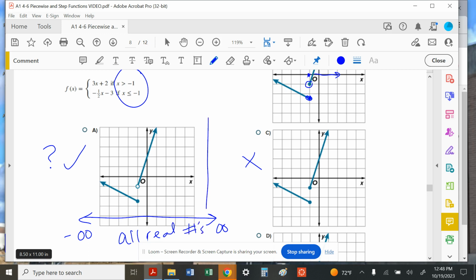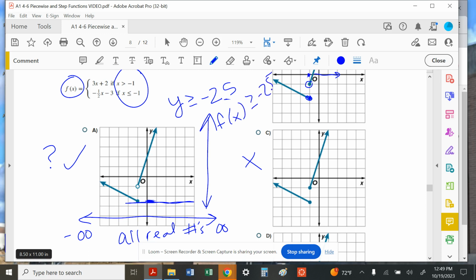And then for the range, we go up and down. Notice that this function goes no further down than this point right here. Right at that point, it goes no further down. It just goes up. So my y value, or my f of x value, has to be greater than or equal to that number, which is negative 2.5, or f of x is greater than or equal to negative 2.5.